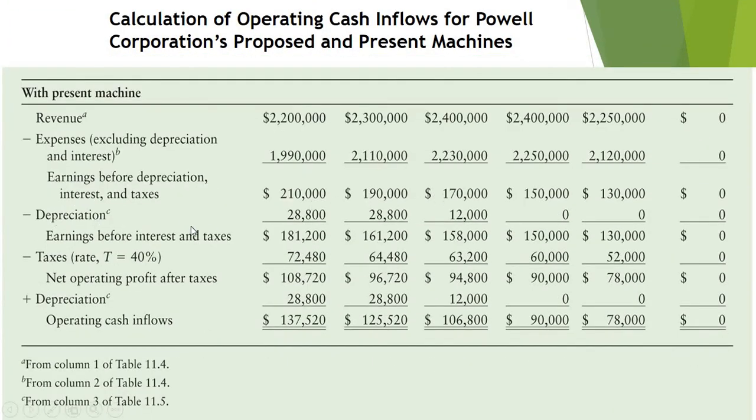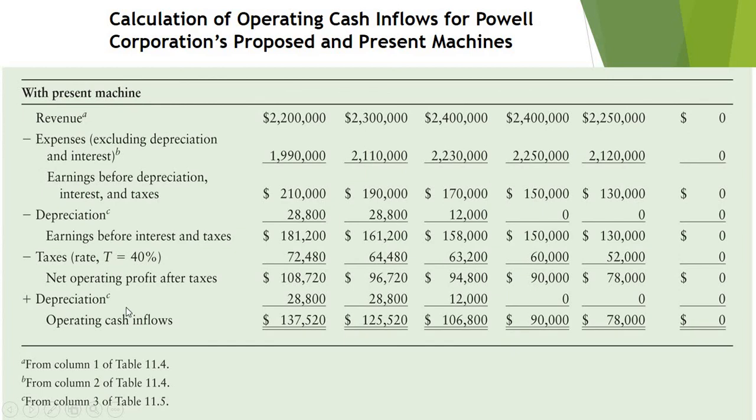After deducting the depreciation from earnings before depreciation, interest and taxes, we get earnings before interest and taxes. Then we deduct taxes. There are no cash flows for the present machine for the final year. Once we deduct the taxes, we get net operating profit after taxes.